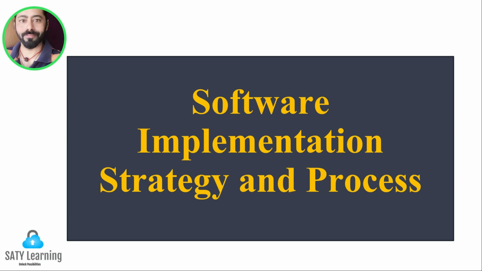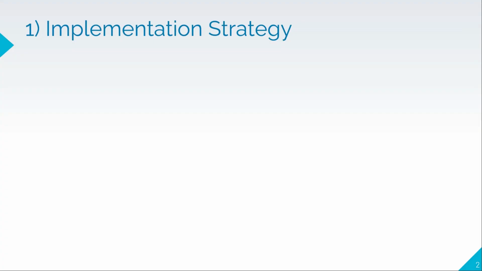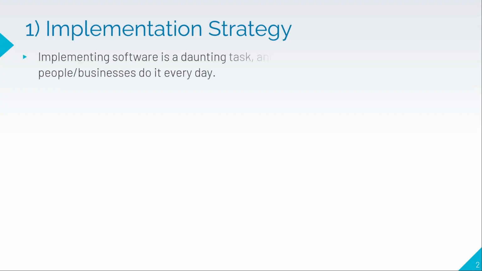Today we will learn about software implementation strategy and process. In today's lesson we are not going to learn what the waterfall methodology and the agile methodology are. We are going to see how we implement a software product.